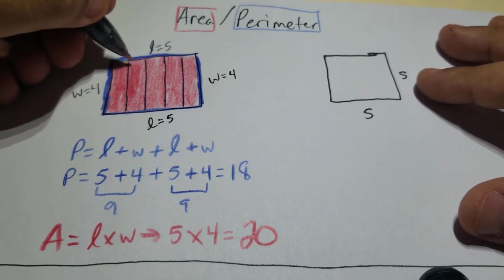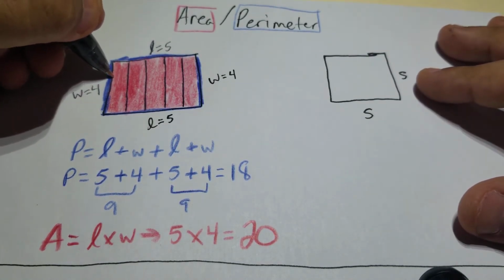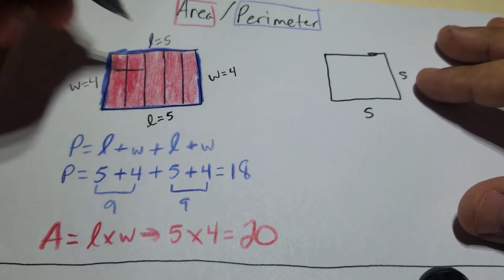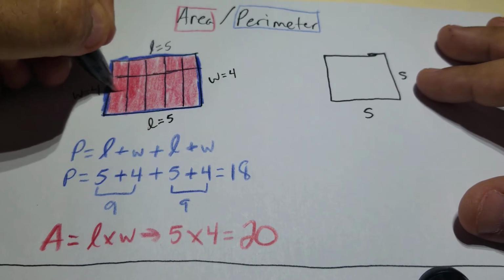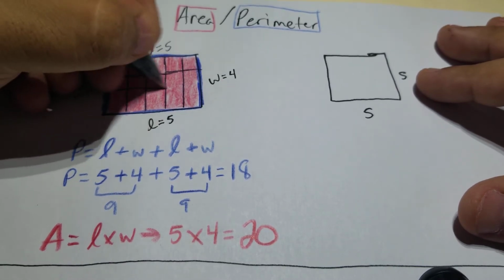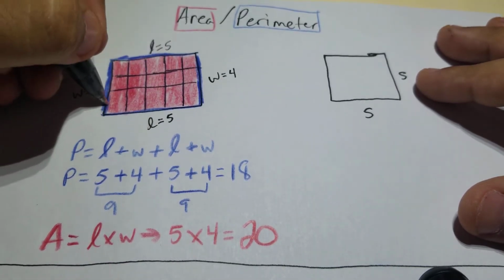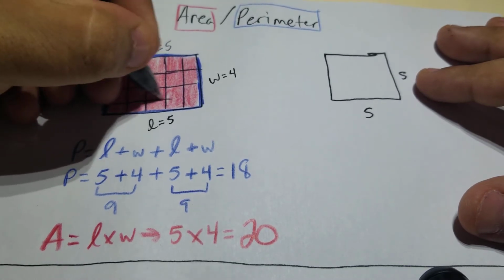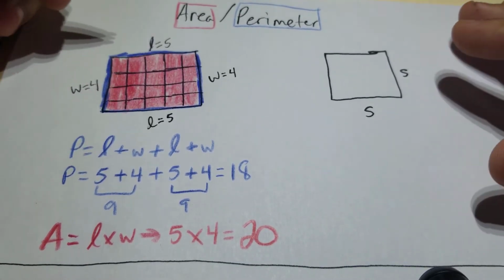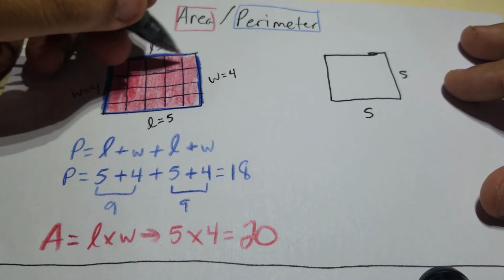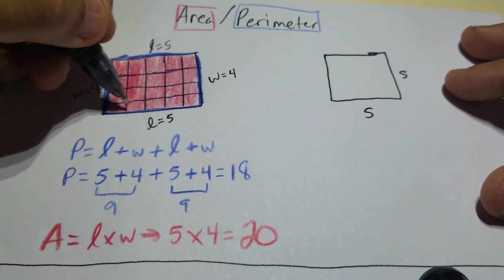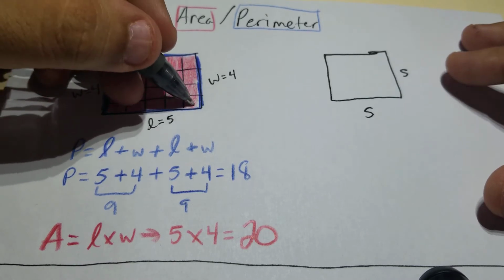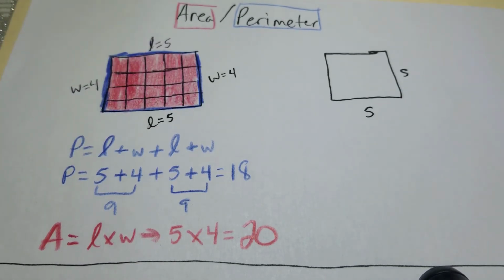And I turn my width into 4 columns, so 1, 2, 3, and 4. So that means I have 1, 2, 3, 4, 5, 6, 7, 8, 9, 10, 11, 12, 13, 14, 15, 16, 17, 18, 19, 20. I have 20 little squares inside my rectangle.